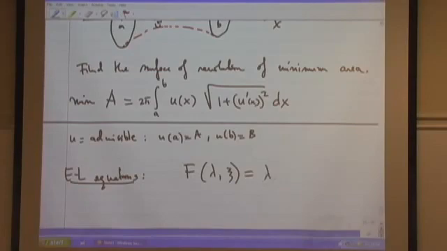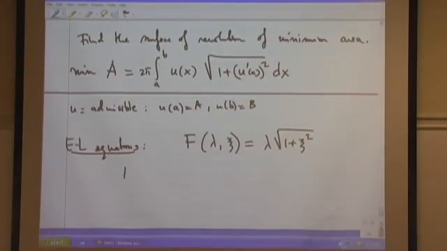So the integrand is just lambda times the square root of 1 plus xi squared, right? Lambda stands for u and xi stands for u prime. So the Euler-Lagrange says f lambda minus derivative with respect to x of f xi equals 0.